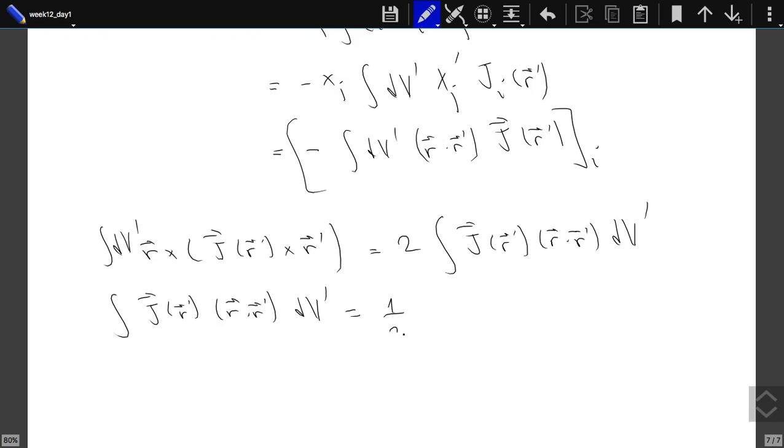This is equal to 1 over 2, or r cross 1 over 2 integral dv prime j of r prime cross r prime.